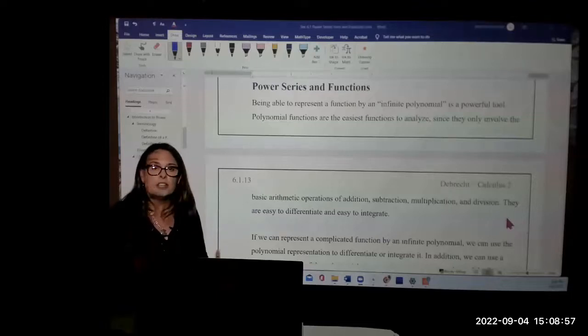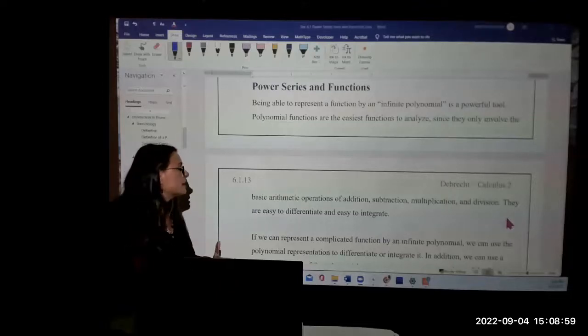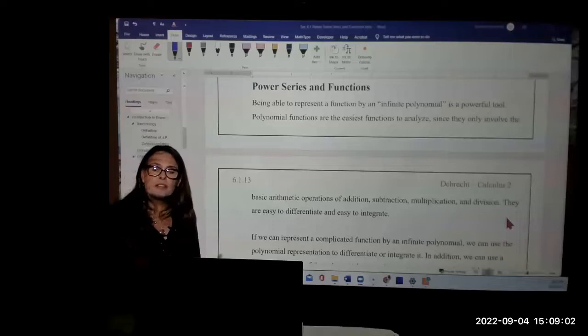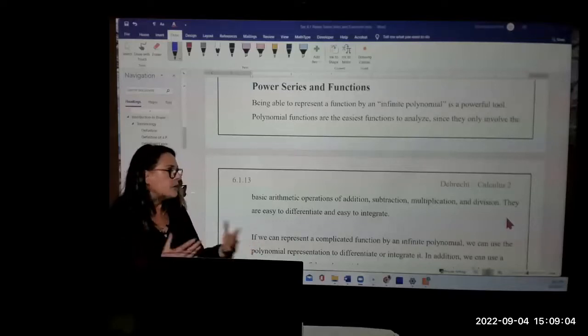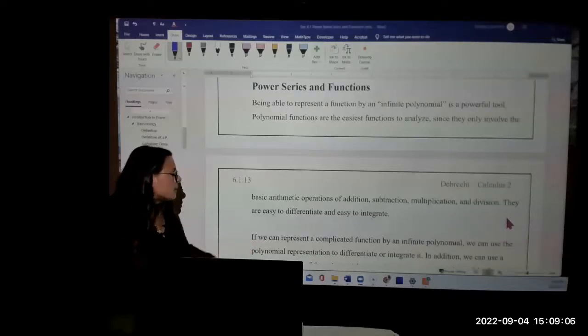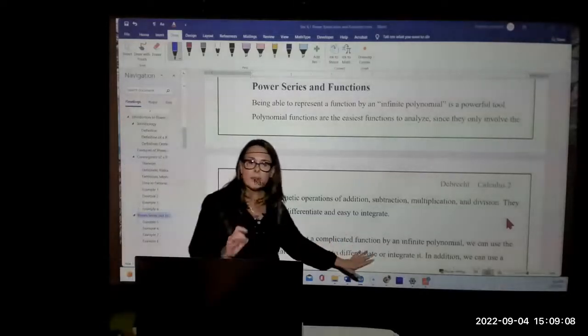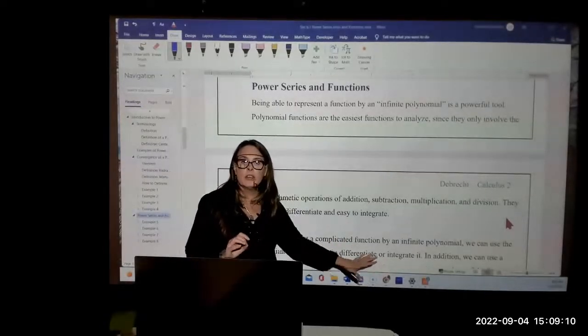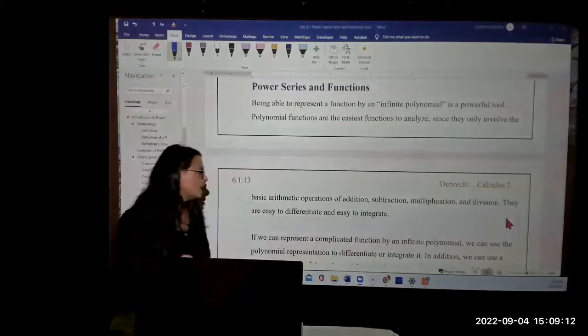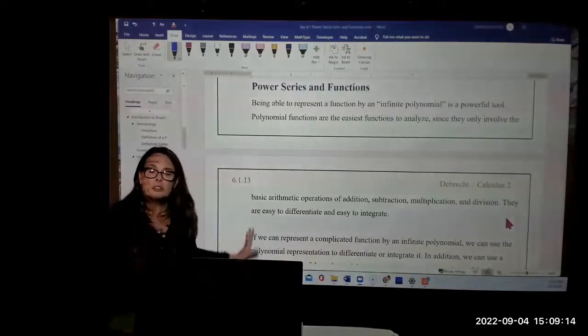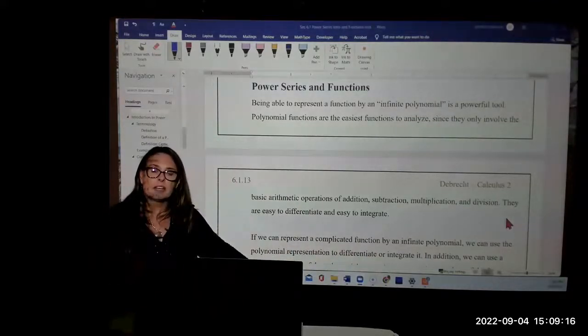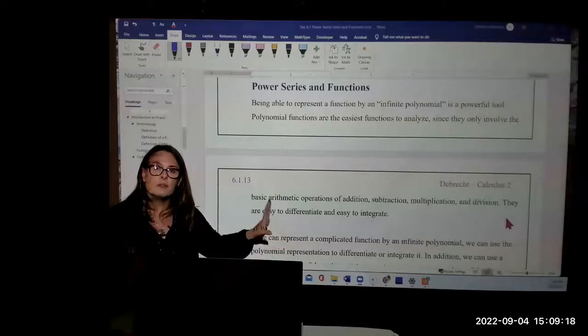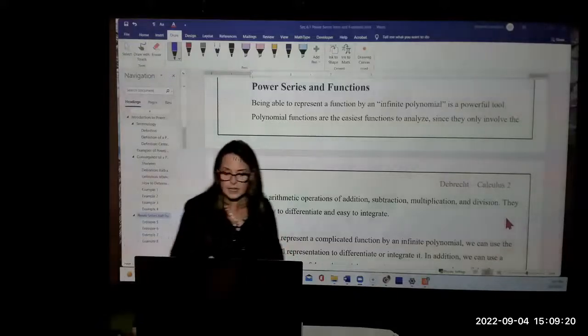They're easy to differentiate, they're easy to integrate. They only involve the operations of addition, subtraction, multiplication, and division. So if we can represent some complicated function with one of these infinite polynomials, then we could use the polynomial representation to take the derivative or to integrate it, and that might be easier.